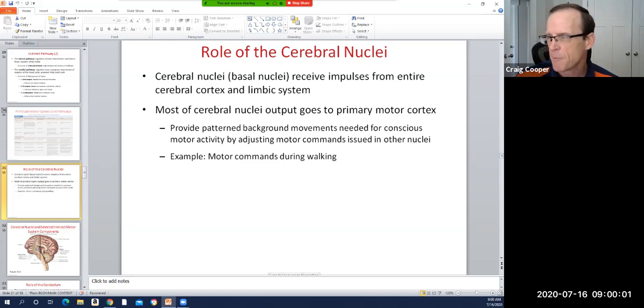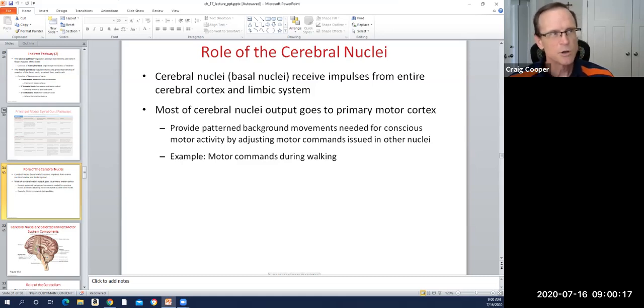And again, some of them control kind of repetitive functions like walking that we don't really want to always have to think about. Once we've mastered the task of walking on a level surface, we can just kind of fire up these neurons and it'll help us get from point A to point B. Our body still needs to receive sensory information about uneven surfaces and make adaptations, like if we need to adjust our step length to step up on a curb.